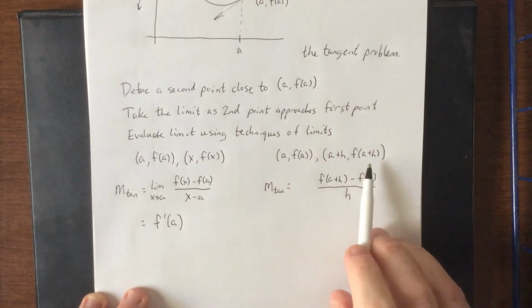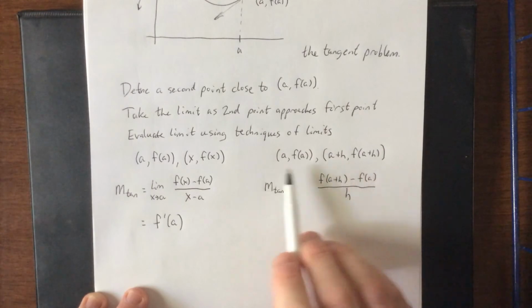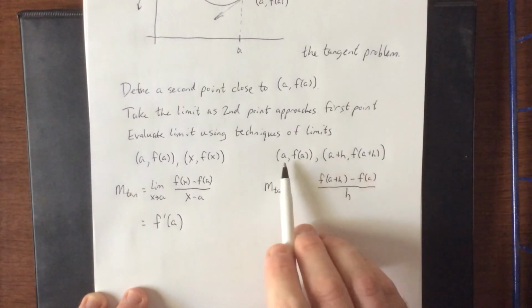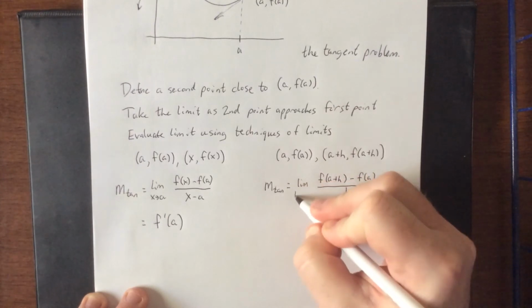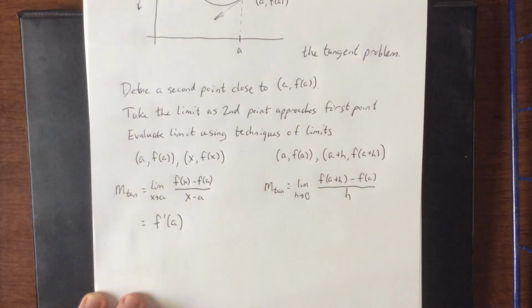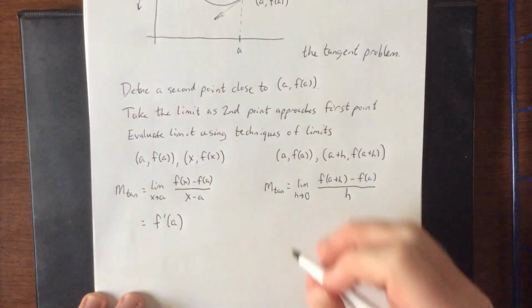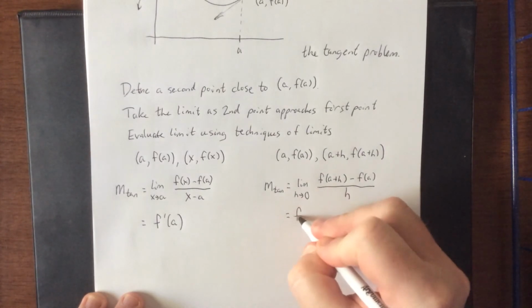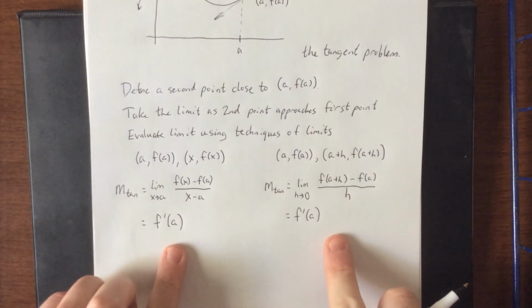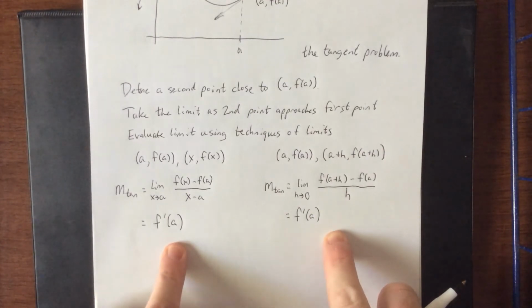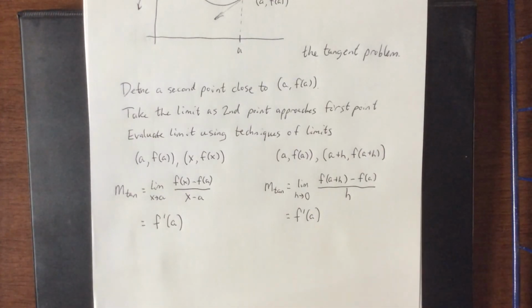So set up your y2 minus y1 over x2 minus x1, a plus h minus a, the a's cancel out. Then we force the second point to the first point by taking the limit as h approaches 0. This is another definition of f prime of a. Both of these will always produce the same result, and that result represents the slope of a tangent line at x equals a.